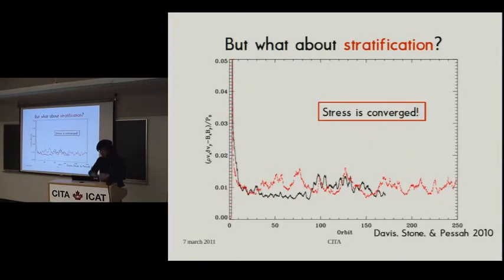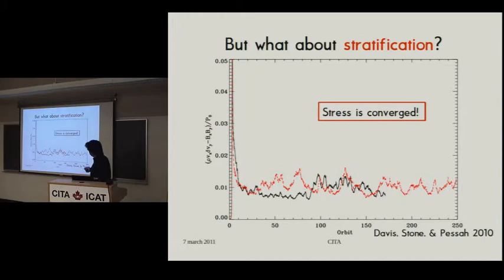So what happens when you put stratification in? One of the most important things done by Shane Davis and his collaborators a couple of years ago is to show that the stresses converge in this. This again is roughly the amount of angular momentum transport. What it actually is, is the Reynolds stress and the Maxwell stress summed together to come up with the total stress, a component of the stress tensor that transports angular momentum.